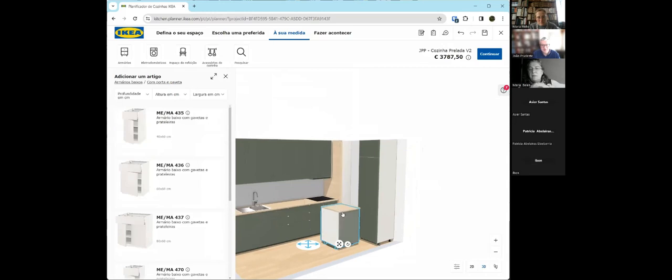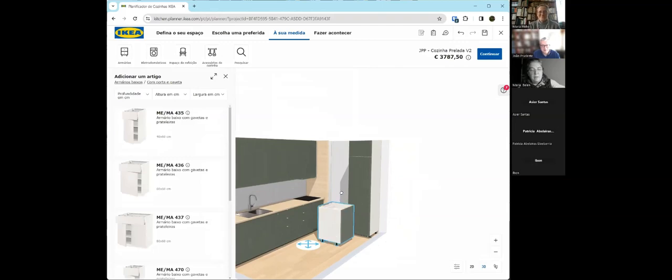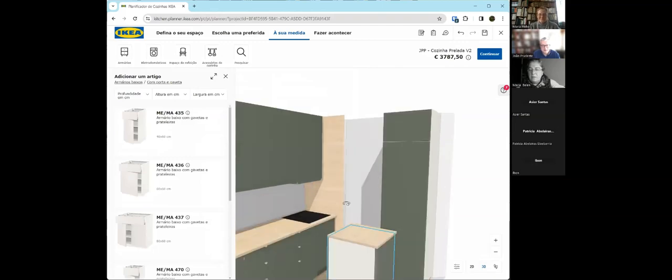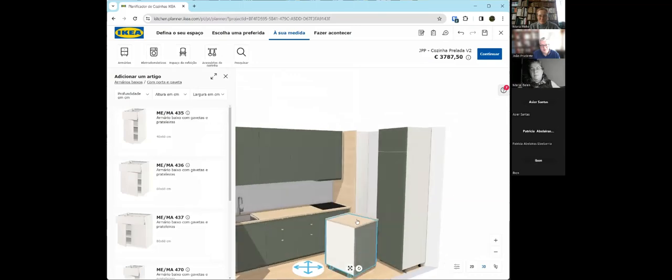Okay, I'm not sure that will be green. Sometimes it's difficult. Okay, I can rotate the armchair, and I can.